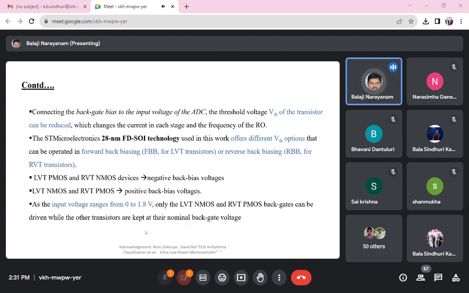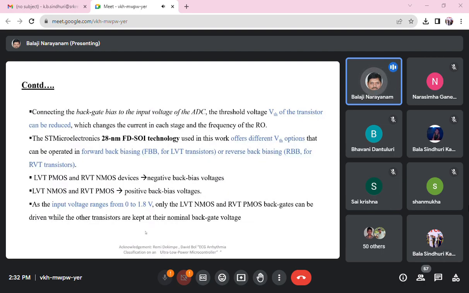ST Microelectronics is the vendor that provides the 28 nanometer FD-SOI technology used in this particular research work by the authors, which offers different voltage threshold options that can be operated in forward back biasing for LVT transistors, or reverse back biasing, abbreviated as RBB, for RVT transistors. And if you observe, there are PMOS and NMOS.